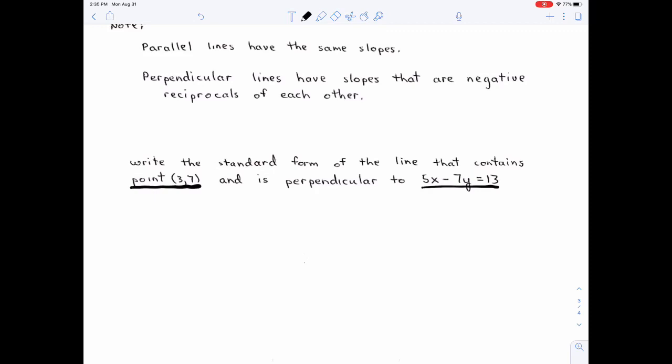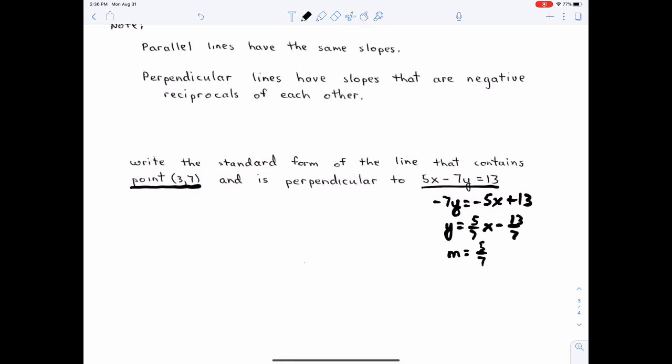Very easily, that will give me its slope. Well, if I get y by itself, that'll give me the slope of this line, so I'm going to subtract 5x and then divide by -7. Okay, now the slope of this line is 5/7.